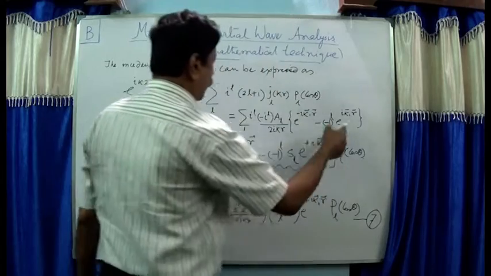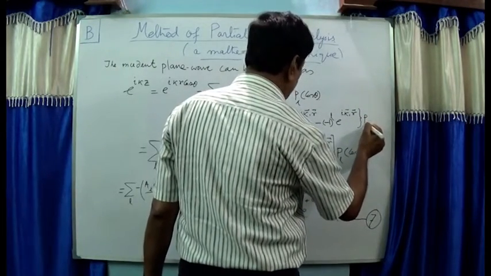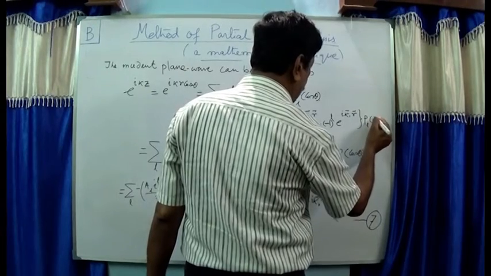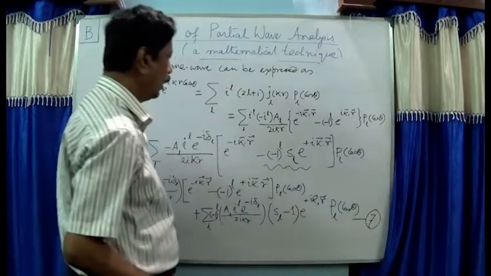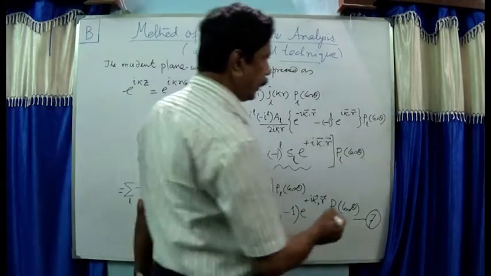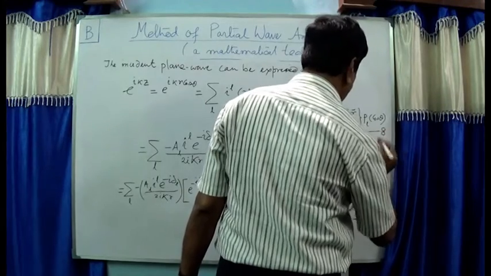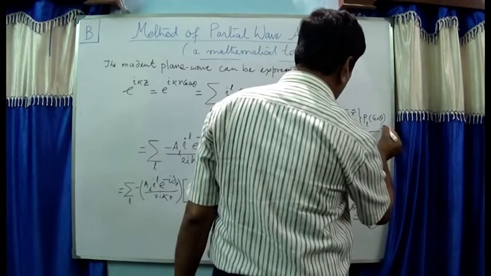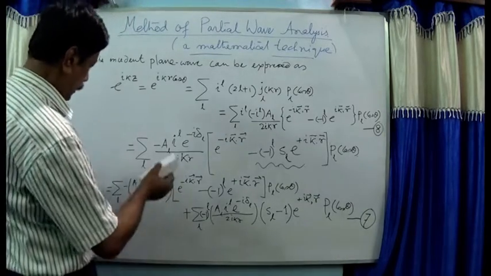So this is the part of the j_L(kr), and the remaining one is the P_L cos theta. This is the expression for the incident wave.